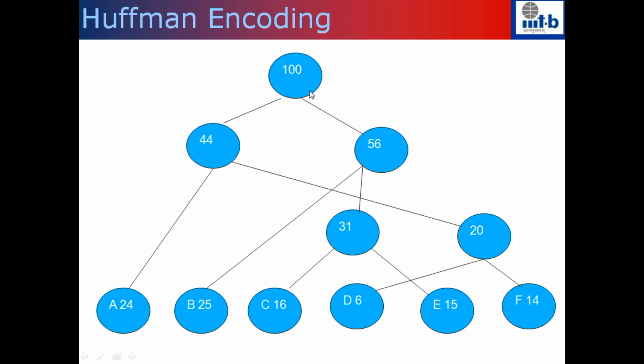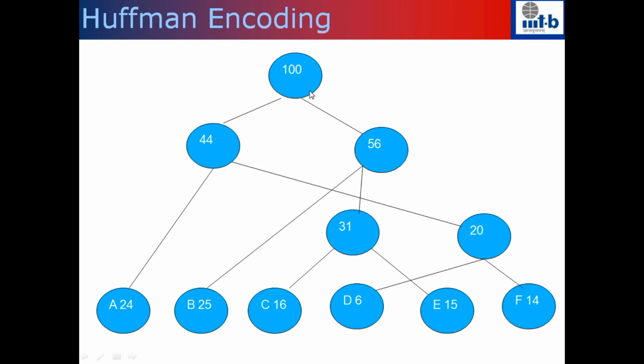Note that in each of these iterations I am deleting two nodes and adding one node, so both of them will take order log n time. In order n log n time, we can create this tree. And you also notice that all the alphabets are in the leaf nodes, and the number of leaf nodes is exactly equal to n.